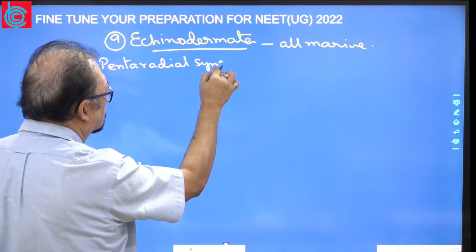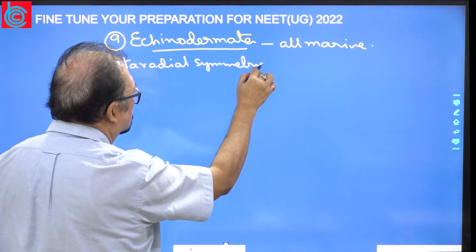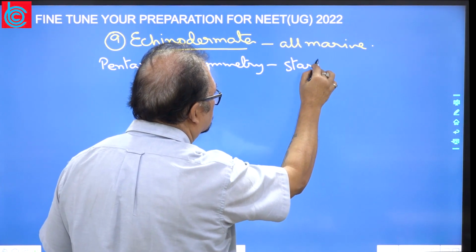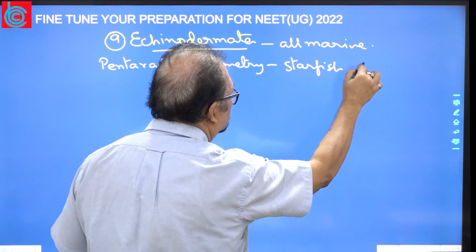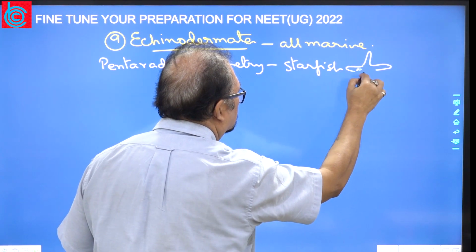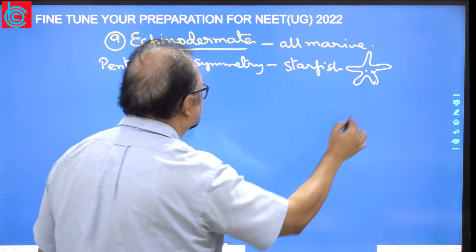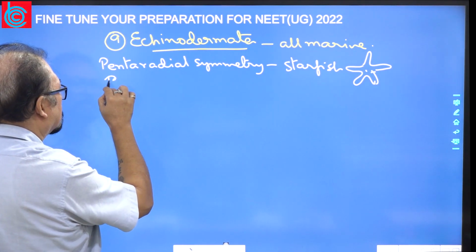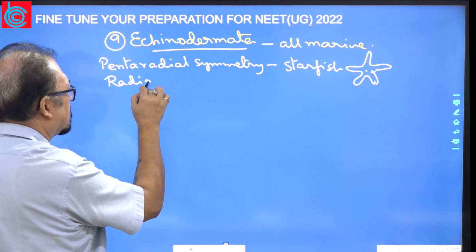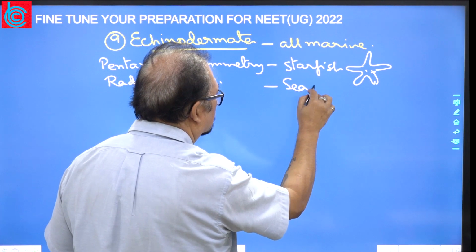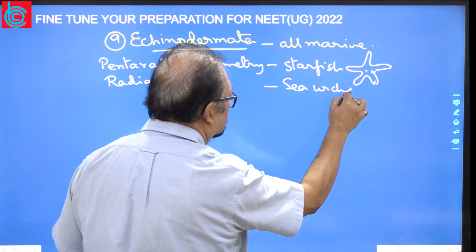Pentaradial symmetry. Starfish. Radial symmetry. Sea urchin.